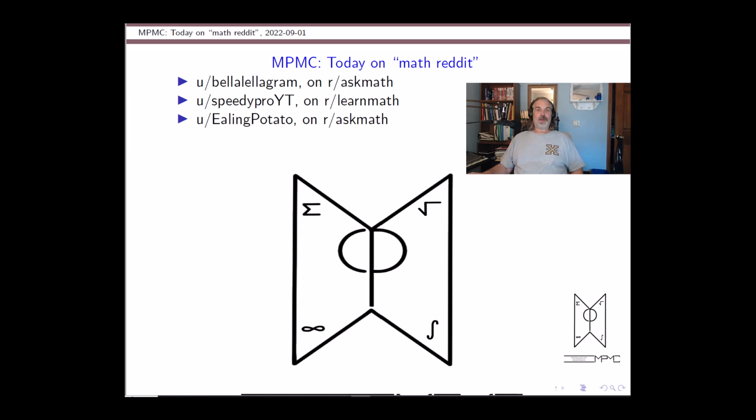So I've scoured Ask Math and learnmath and come up with a handful, three, math questions that are in that algebra to pre-calculus to calculus range where I'm most comfortable. And I'm going to give you some answers and discussion about those topics.